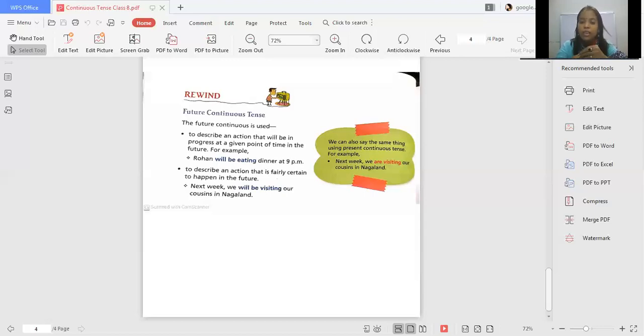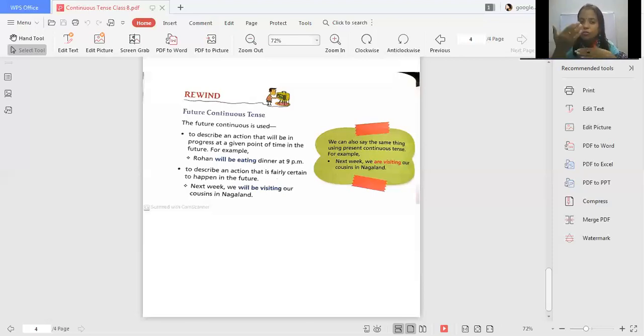Okay, like next week we will be visiting our cousins in Nagaland. So if I use will be visiting, that becomes future continuous tense. But when I'm using are visiting in that same sentence, it is present continuous tense. Although both mean the same.